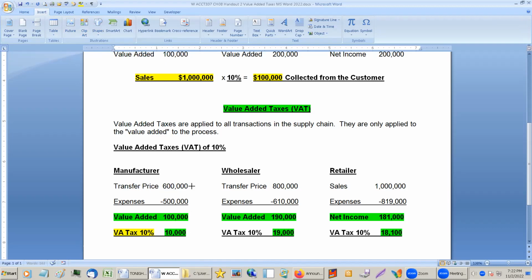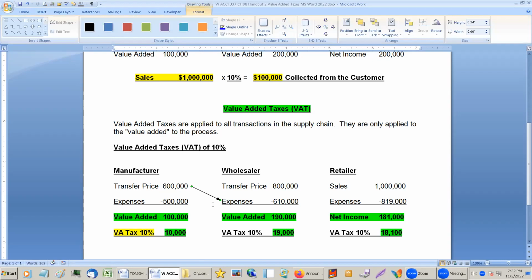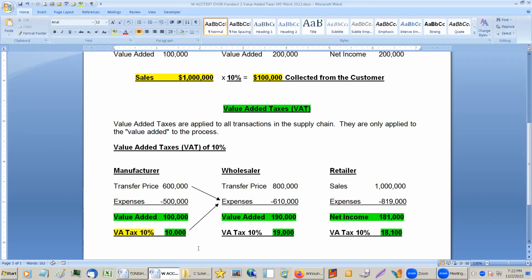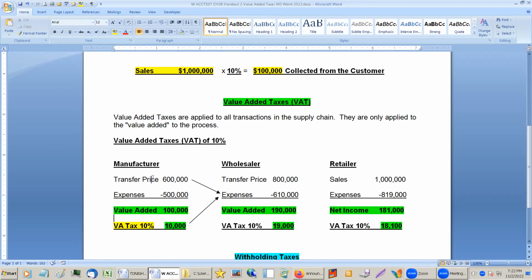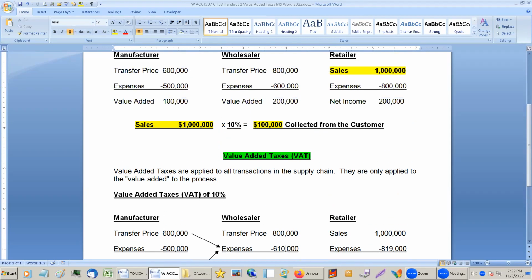So notice the next group, they will add in that value added tax. So the transfer price is 610. Notice that's different than up here.